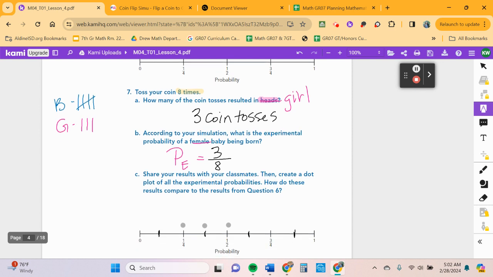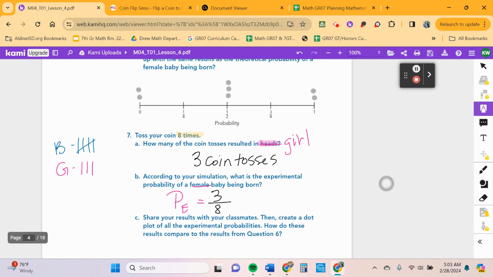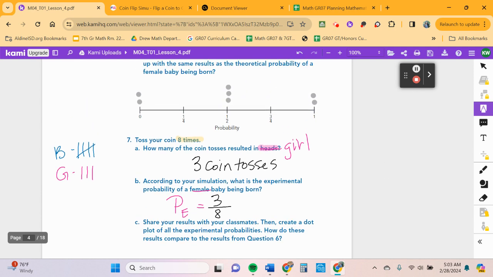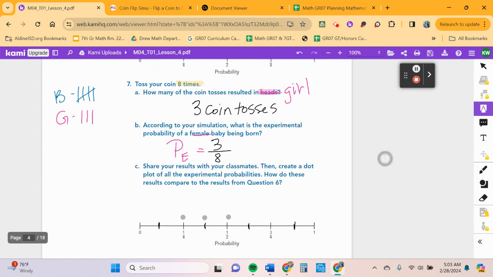Whereas when you toss the coin more times, there's a chance that you could get all different types of probabilities. So 1/8, 2/8, 3/8, 4/8. So everyone would have different results. Whereas here, a lot of us had the same results.